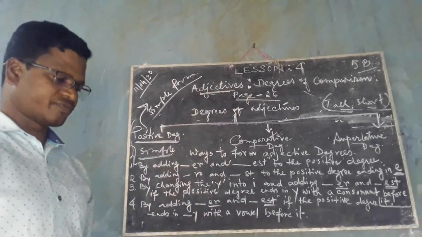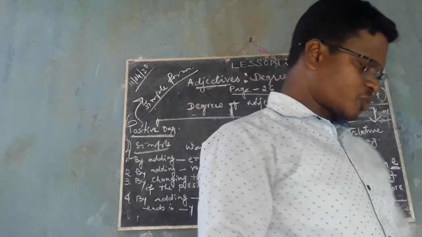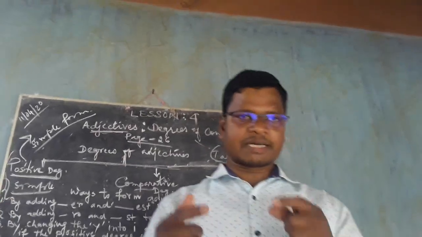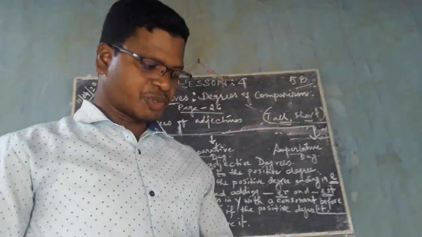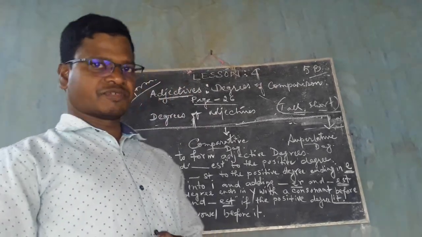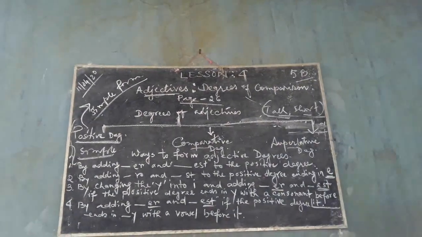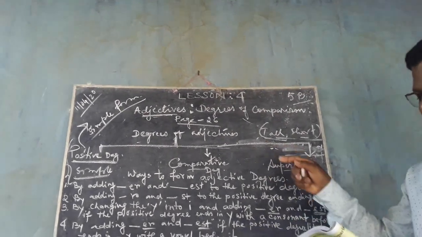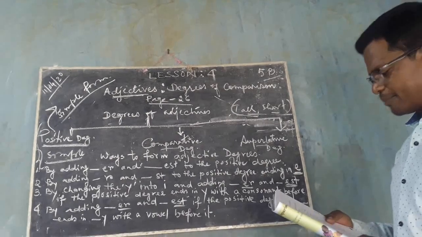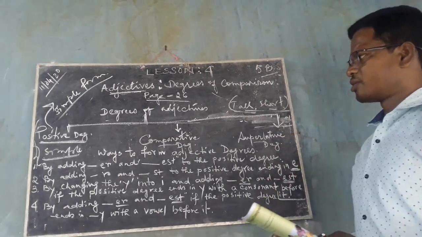It says when two nouns or pronouns are compared, the adjective is used in the comparative degree. Now we'll see the next one also. When two or more nouns or pronouns are compared, the adjective used is the superlative degree.